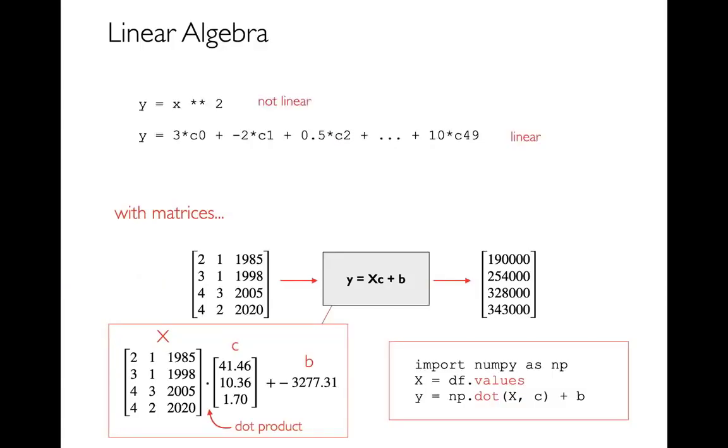So what is the scope of linear algebra, and what kind of things are we trying to solve? Well, one thing that we're not trying to solve is something like this, y equals x squared. That is not linear. Anything quadratic or cubic or anything like that is not linear. Really, all we can do is multiply variables by numbers and then add things up. So this is an example of a linear equation.